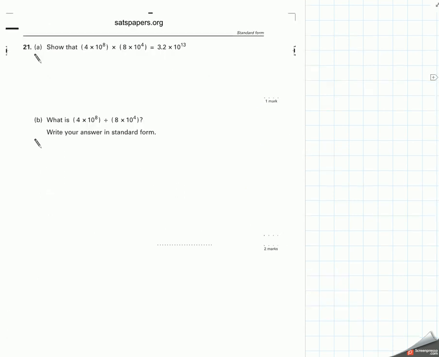This is the last question on this video. We need to show that 4 times 10 to the 8 times 4 times 10 to the 4 is equal to 3.2 times 10 to the 13.